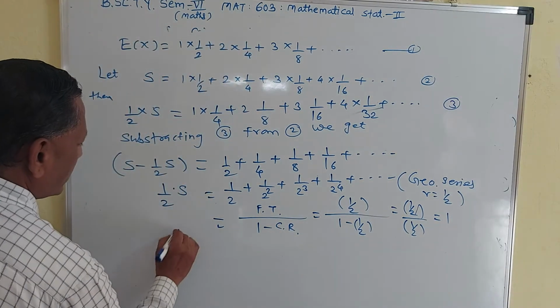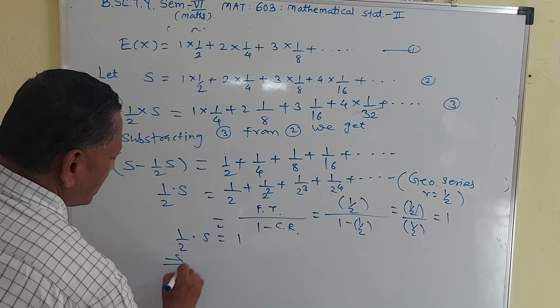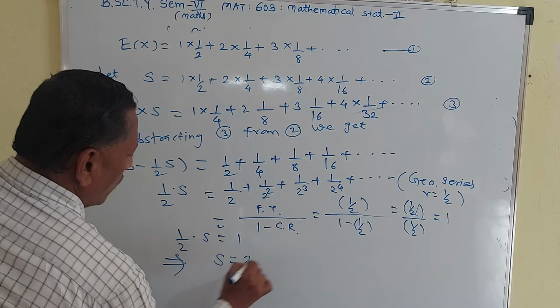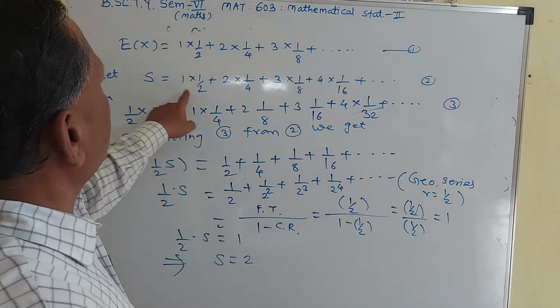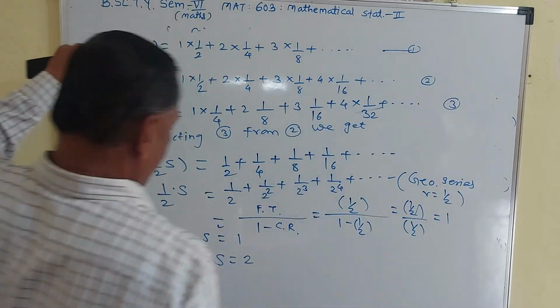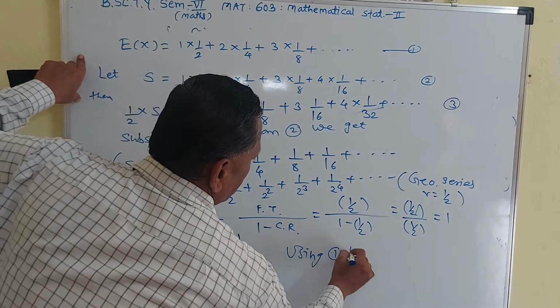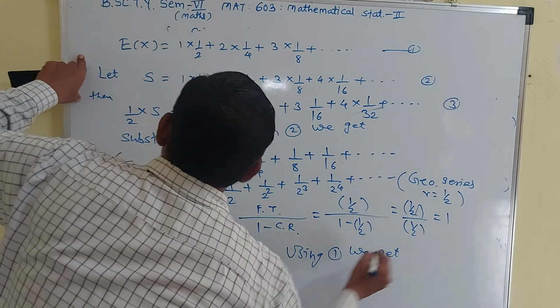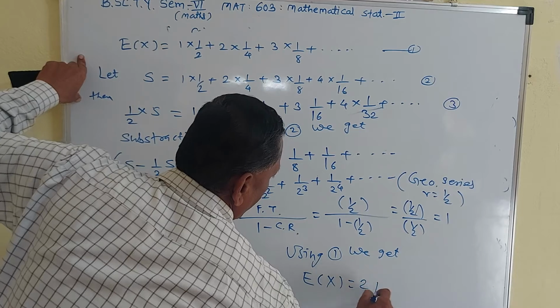Therefore, 1 by 2 into S is equal to 1. This implies S is equal to 2. So you substitute the value of S; this is the right side of E of X using 1. We get E of X is equal to S, which means 2.